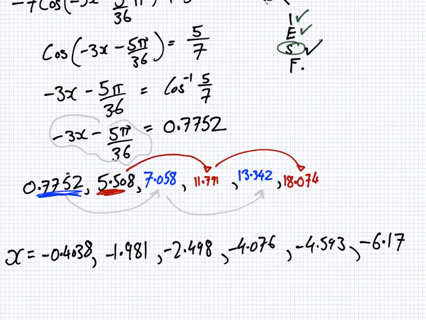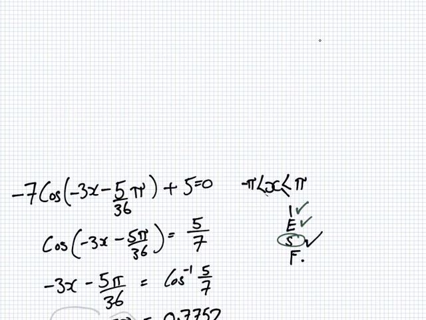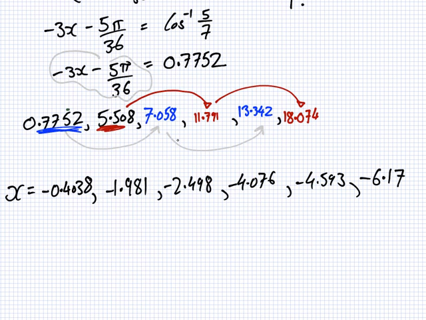Which answers do we need to fix? All of them. Because we need to be between minus pi and pi. So we need to say which are too big and which are too small. Minus pi to pi is minus 3.14 to 3.14. So this one is okay, this one is okay, this one is okay. This one is too small, too far to the left.